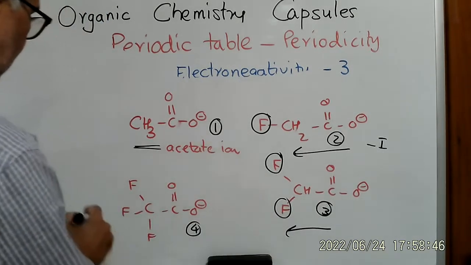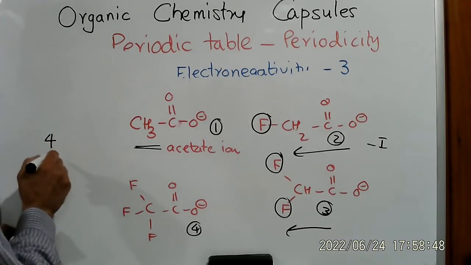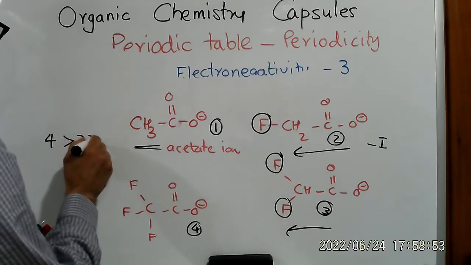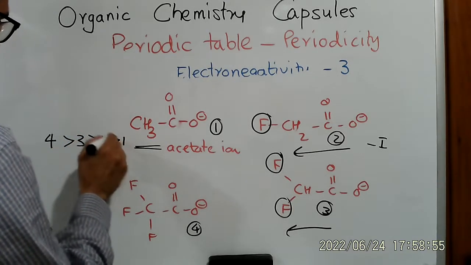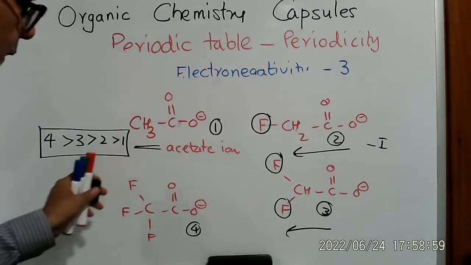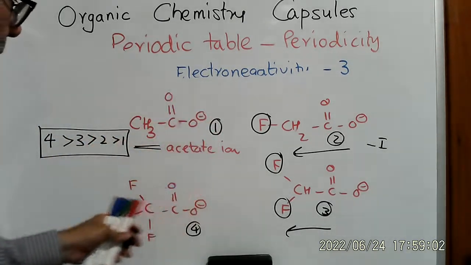So with that, ion 4 will be the most stable, followed by ion 3, followed by ion 2, followed by ion 1. So this is the answer to this problem here.